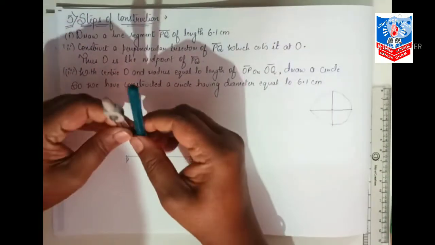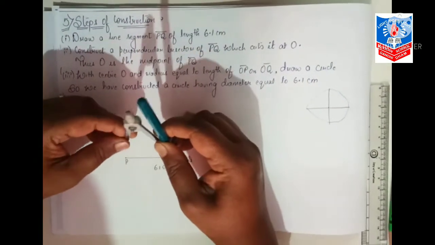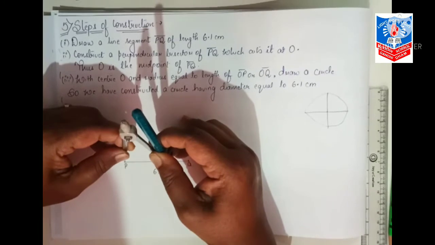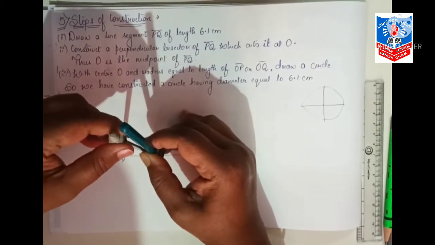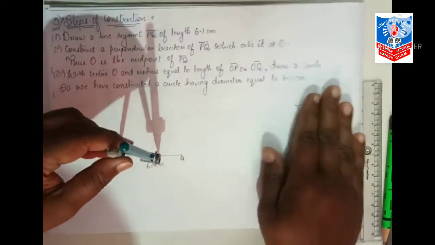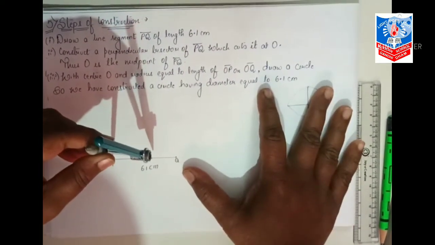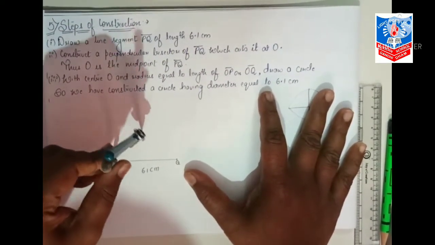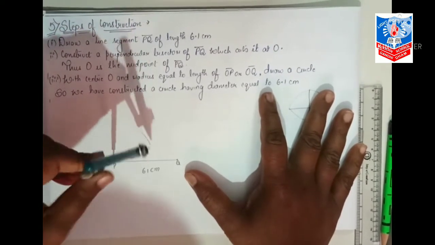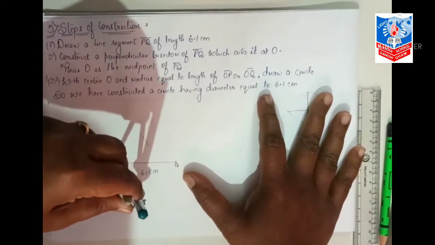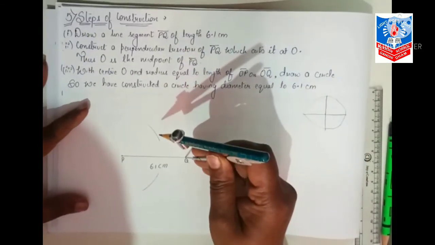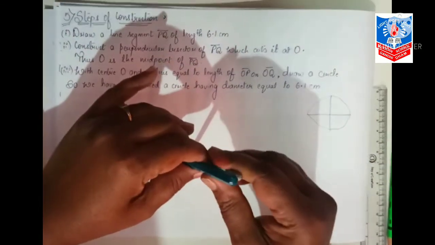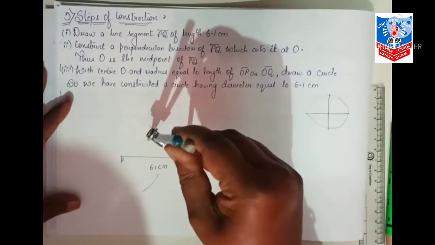See here, with center P and radius more than half of PQ, draw two arcs on either side. With the same radius and center Q, cut this arc.